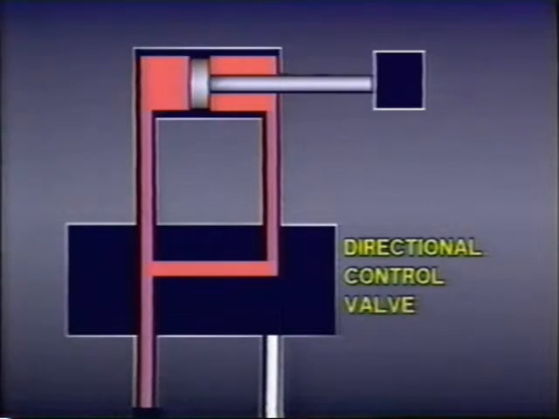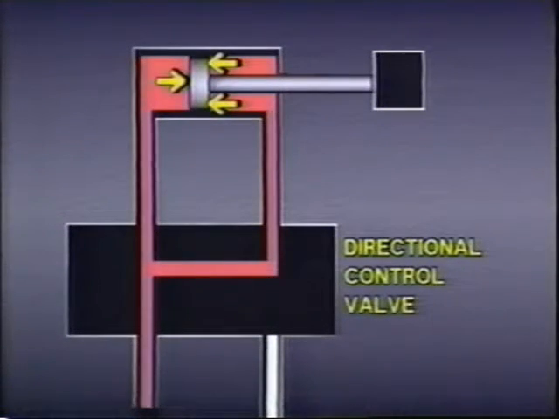One disadvantage of regeneration is that when the rod reaches the workpiece, there is less force available to move the load. This is because the same pressure is being applied to both sides of the piston as the rod extends, and the pressure creates a force in both directions. Part of the force being applied to the cap side of the piston has to be used to overcome the opposing force from the rod side, leaving less force that can be applied to the workpiece.